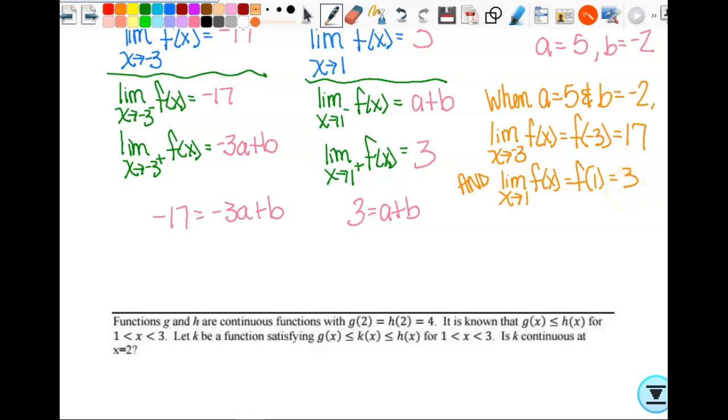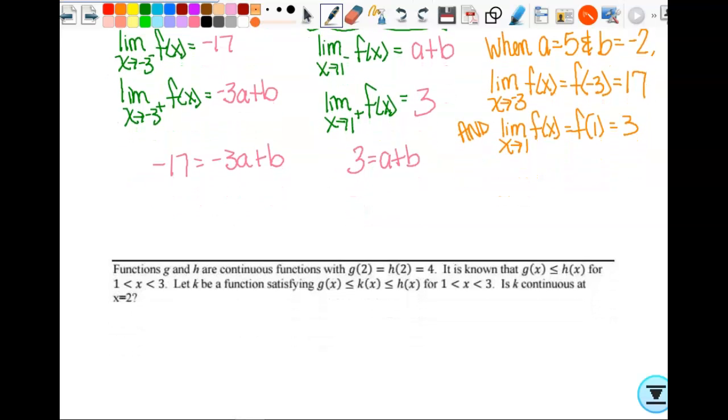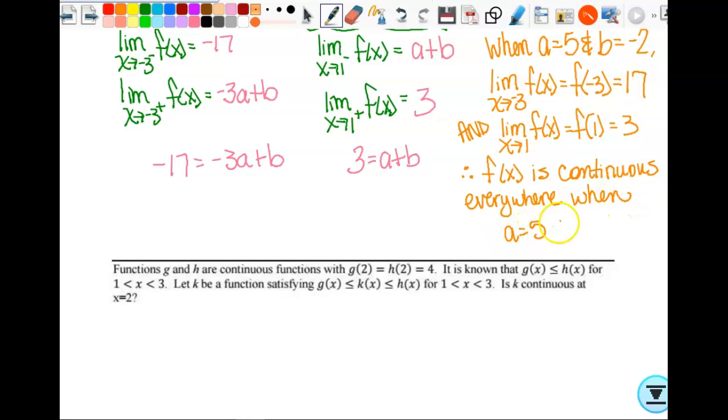Okay? Since those things are true, that's where we say, therefore, f of x is continuous everywhere when a equals 5 and b equals negative 2. Okay?